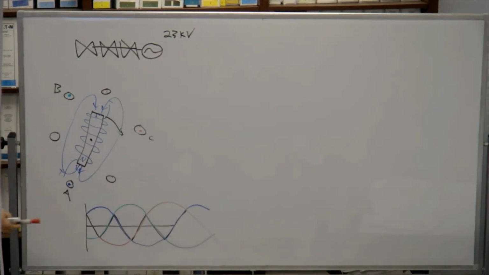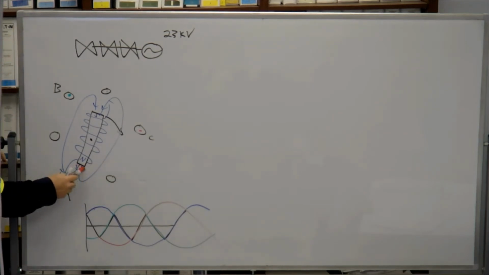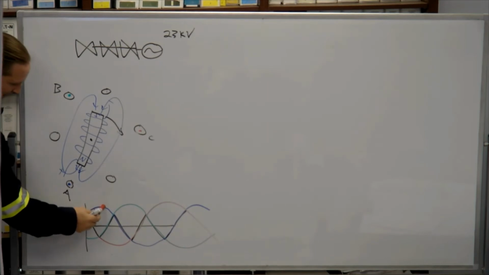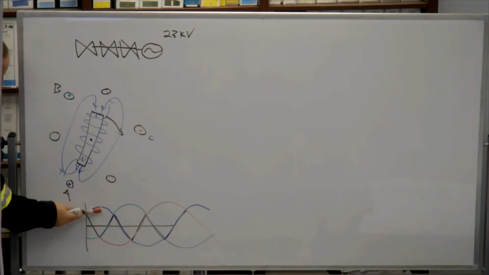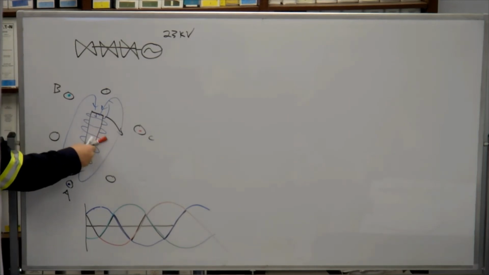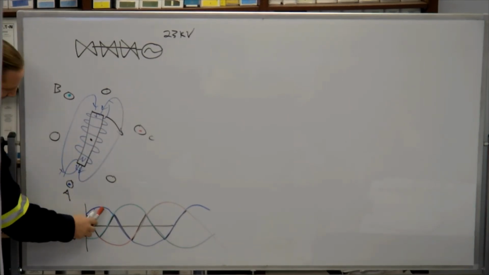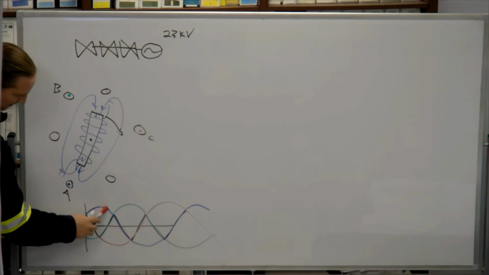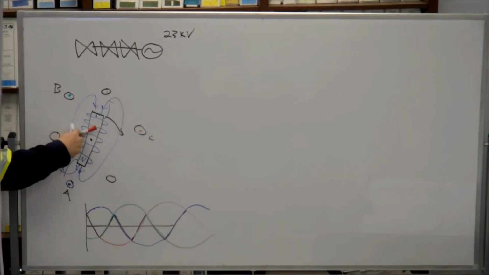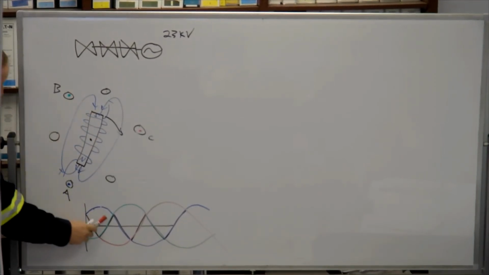All right, so when the north end of the magnet is by the A conductor, then it is at a max positive. So that's where this is right now. And as it turns clockwise, the Alpha voltage is going to be going down, and the Bravo voltage is going to be coming up.